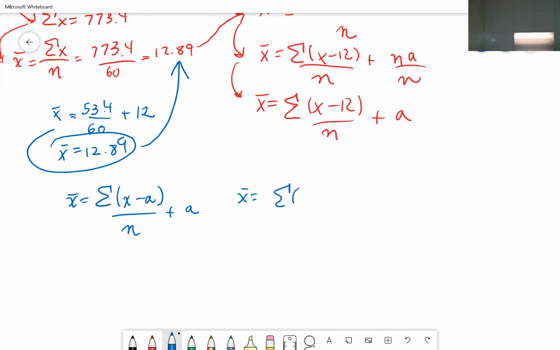If you have x plus a, then you would do this. It would look like that.